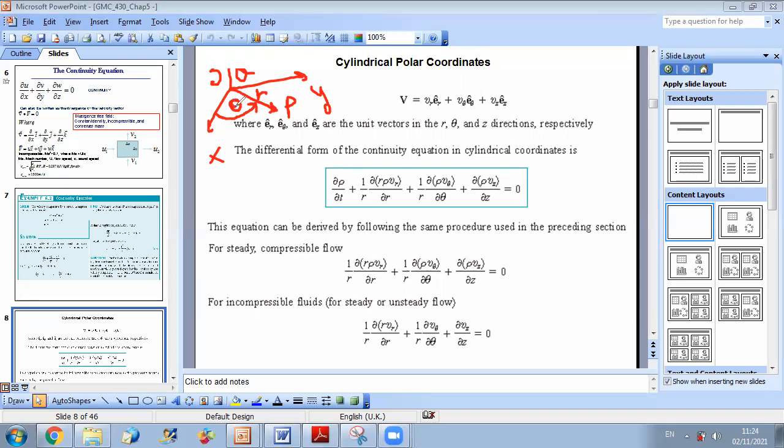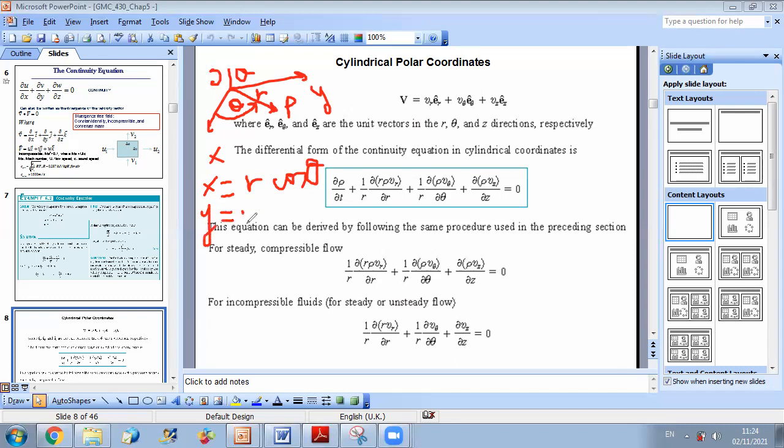So this is theta. And then the definition of the point just requires to know R, theta, and Z. Okay, and we can link both coordinate systems because, looking at this figure, you can write that x is equal to R cosine theta and y is equal to R sine theta.